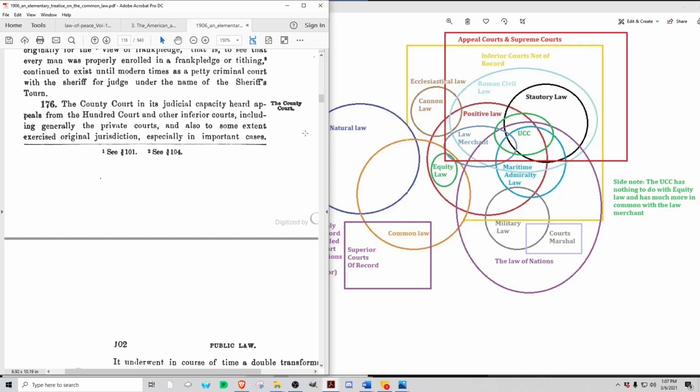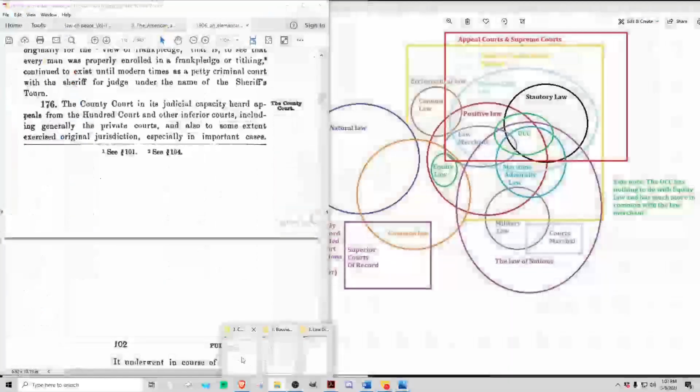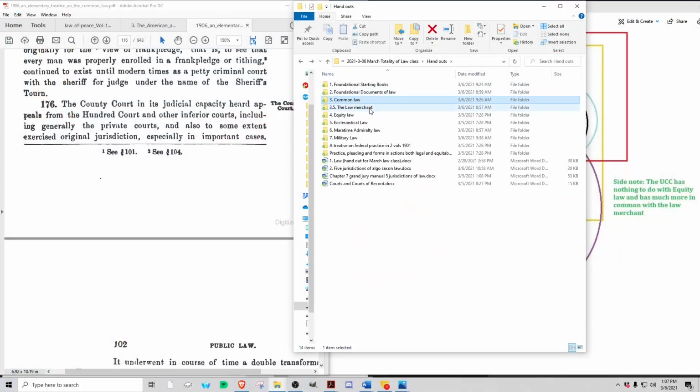Now, going this far back, we don't have situations dealing with maritime admiralty law, but you would have had things dealing with the law merchant. And the law merchant did its own little things in what was called fair courts, like the Fair Court of St. Ives, which I believe I put as a document to take a look at as far as historical interest is concerned under the law merchant.